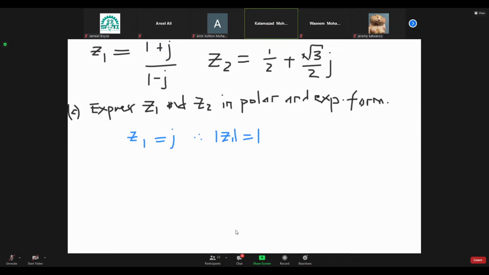All right, so for Z1, we know that it is equal to J. All right, there's no need to go back here and work with that long thing when we already know that it is equal to J. All right, we showed that in part A. So use that instead of going back on top and working back all of that stuff. And then we just worked out that the modulus of Z1 is 1 anyhow, so we just need to work out theta.